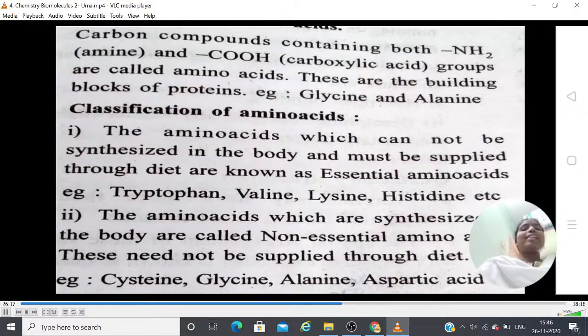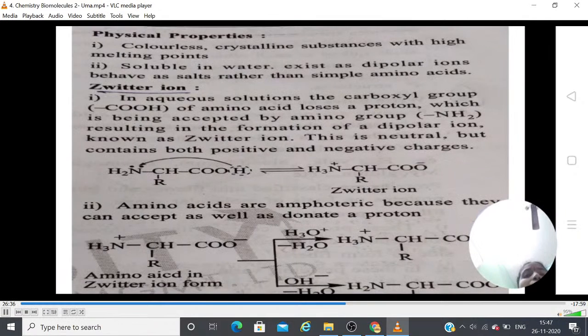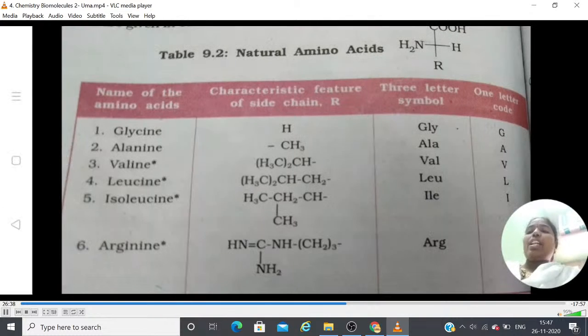Examples are glycine and alanine. In total, nearly 21 amino acids are naturally occurring. Here we are seeing so many natural amino acids.